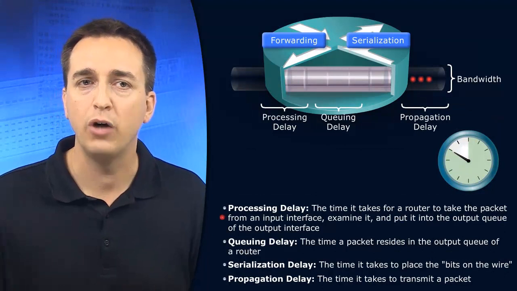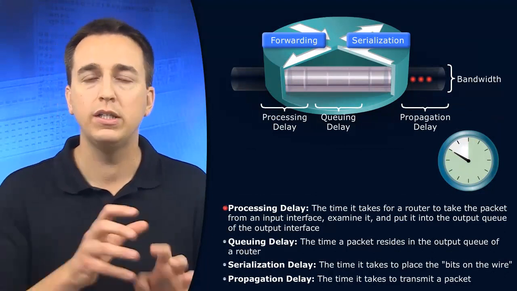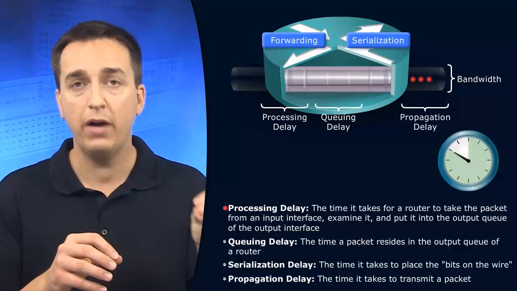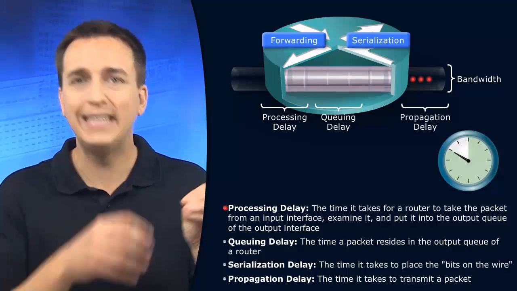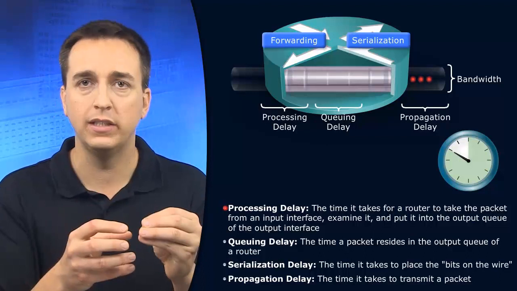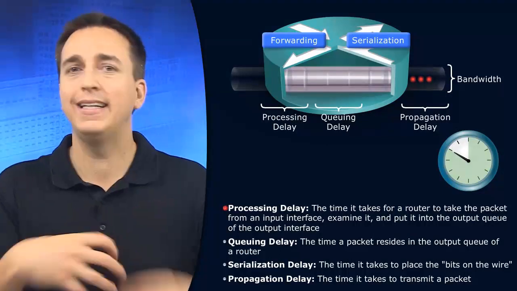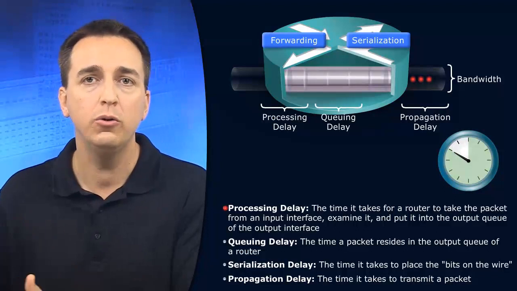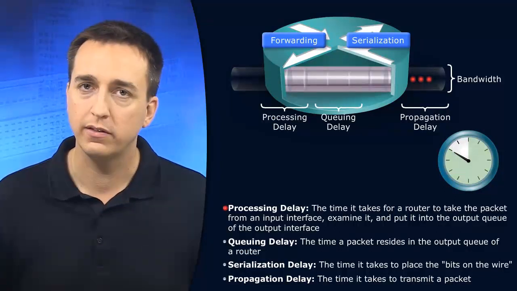When we examine the processing delay, we are referring to the time that it takes for the router to take the packet that arrived on an inbound interface, examine it, process it, make a decision, and then put it in the appropriate output queue on the exit interface.